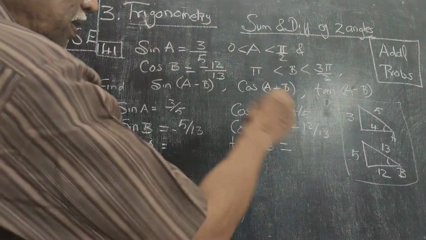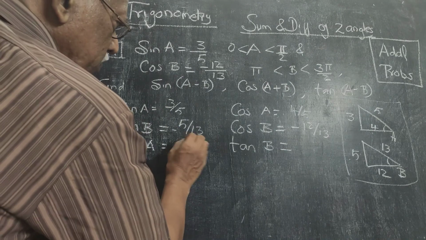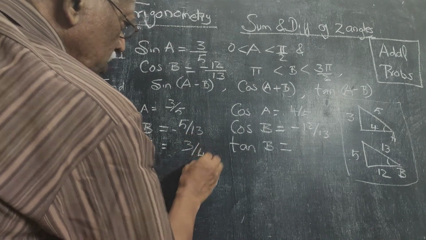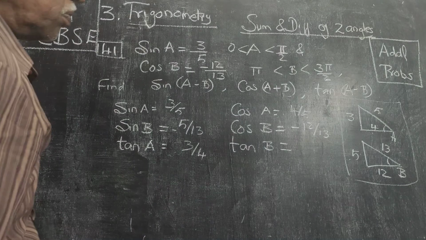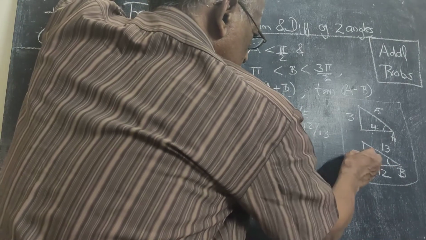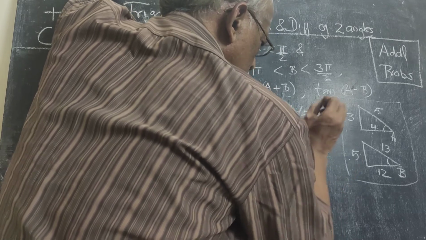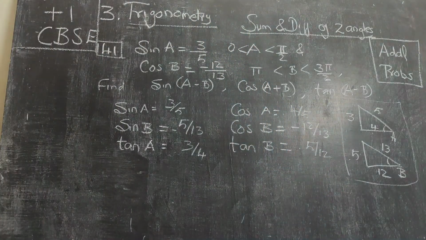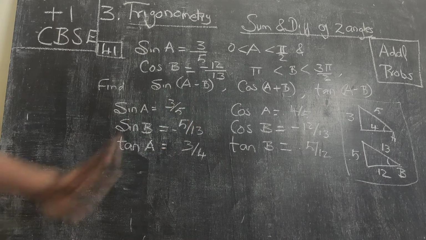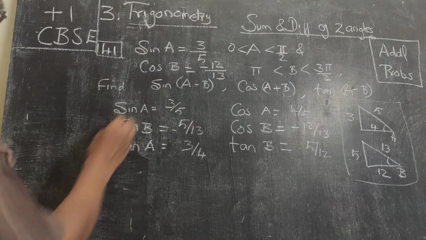Tan A is opposite by adjacent, so 3 by 4, positive since A is in the first quadrant. For tan B, opposite by adjacent, that is 5 by 12. Since it is in the third quadrant, this is also positive. So first arrive at all these figures, then we can go to the problem.